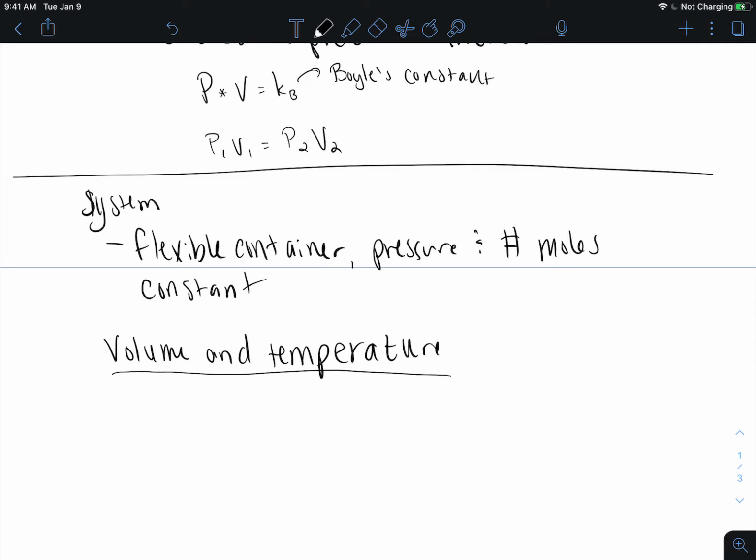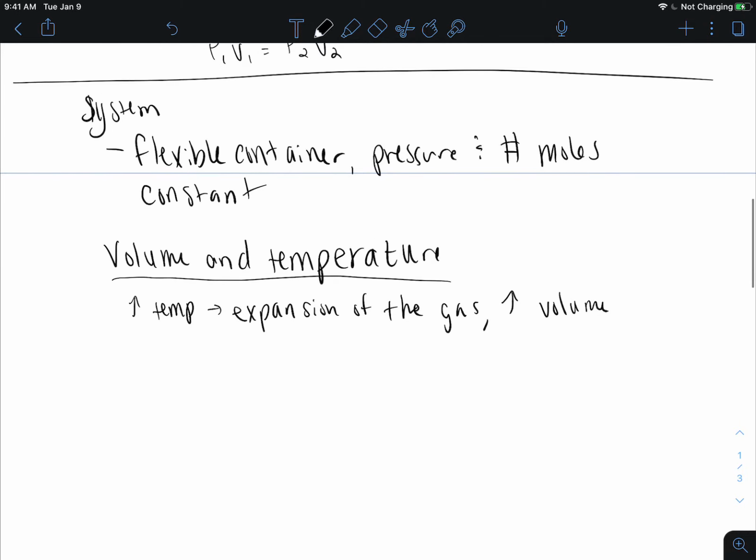Our particles are going to move more and more and more. That's going to cause them to expand. And as we increase temperature, we're going to increase our volume. So increase in temp, expansion of the gas, and that's going to cause an increase in volume.